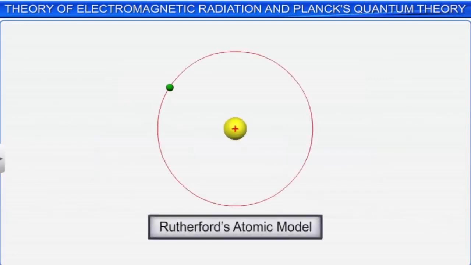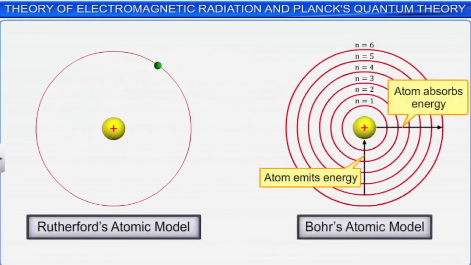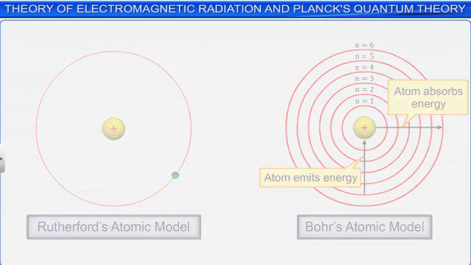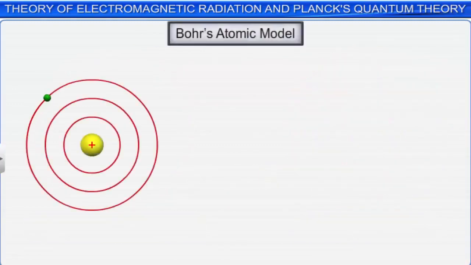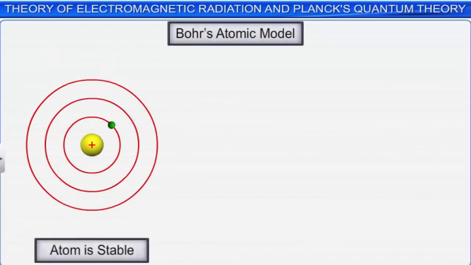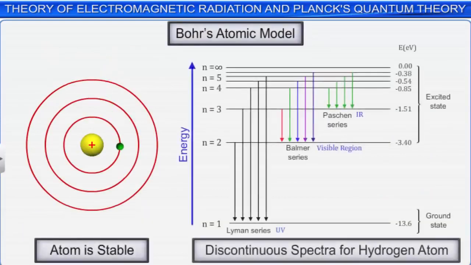The improvised outcome of the Rutherford's atomic model is the Bohr's atomic model. Bohr's theory could successfully explain the stability of an atom as well as the discontinuous spectra for hydrogen atom.